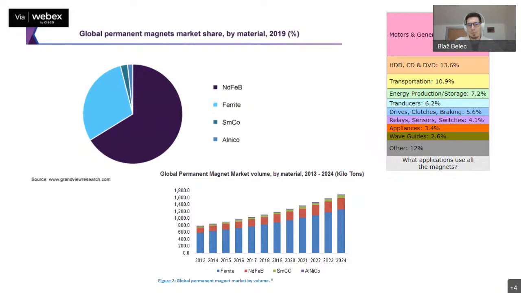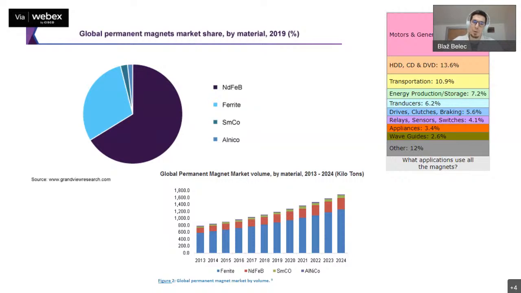Also, the problem with the usage of those permanent magnets is that, for instance, neodymium iron boron and samarium cobalt magnets have those rare earth elements. And as we all know, given the geopolitical situation in our world, most of those rare earth elements are controlled by the Chinese.